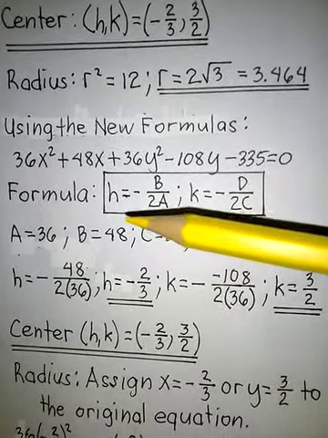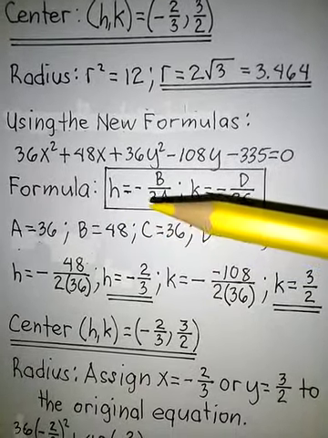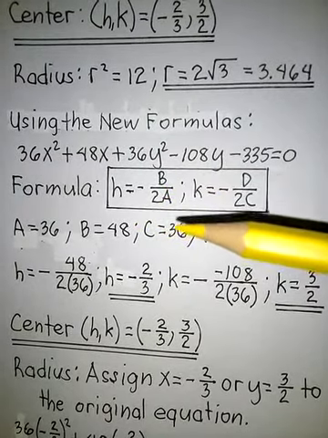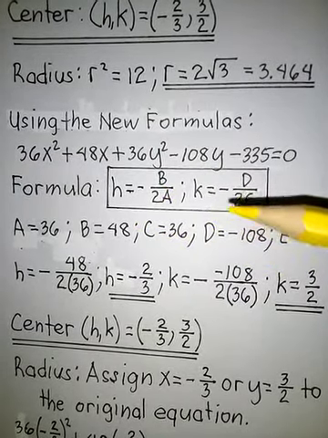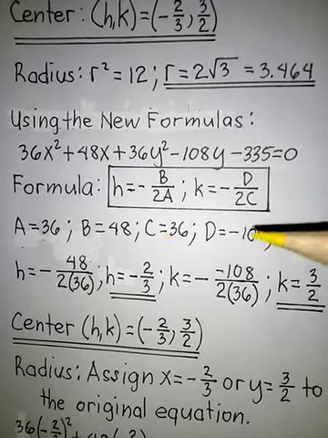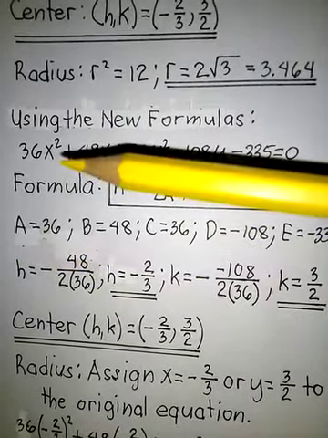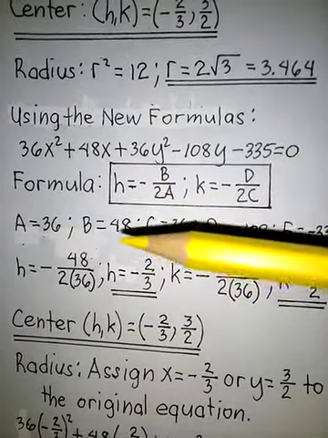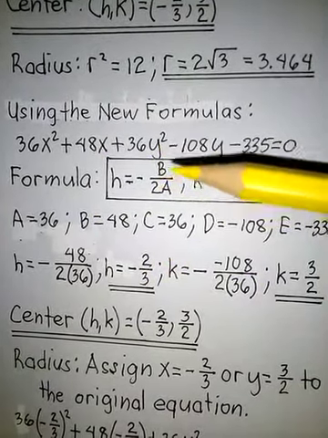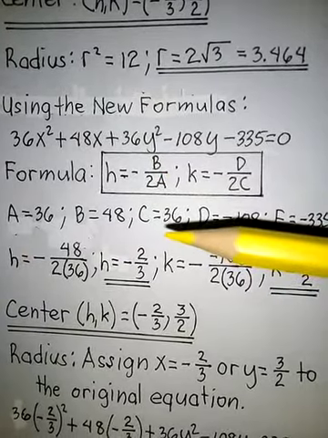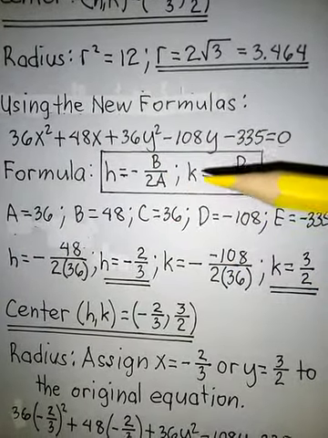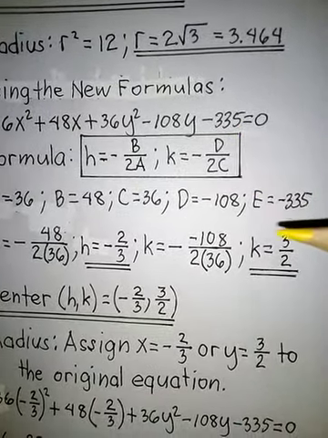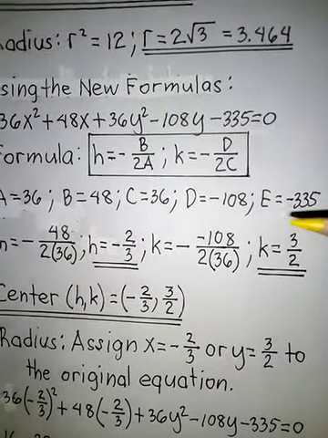Now, we have the formula for the center. So h is equal to negative b over 2a, and k is negative d over 2c. So our a, the coefficient of x², is 36, b, the coefficient of x, is 48, c, the coefficient of y², is 36, d, the coefficient of y, is negative 108, and e is the constant, which is equal to negative 335.